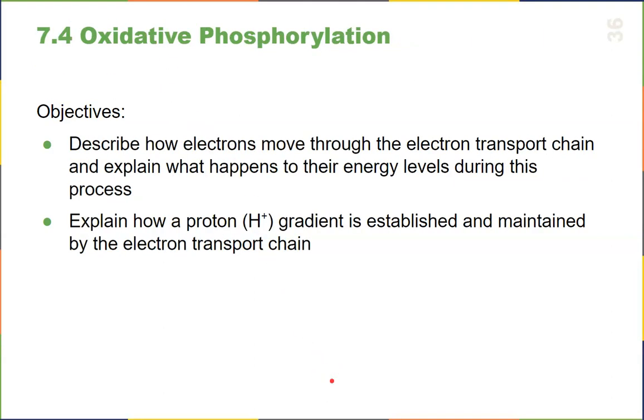All right, so let's talk about the electron transport chain, aka oxidative phosphorylation. We're going to talk about how electrons move through the electron transport chain, and we'll talk about the energy levels and how an electrochemical gradient helps to create ATP.